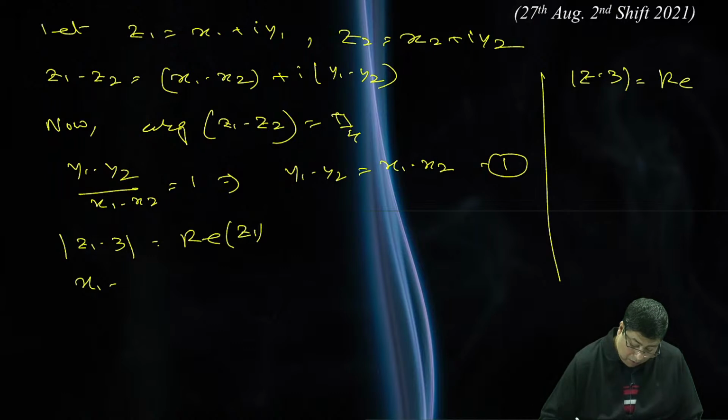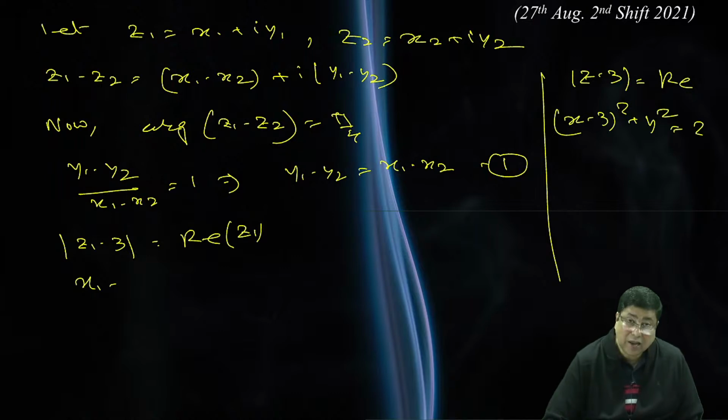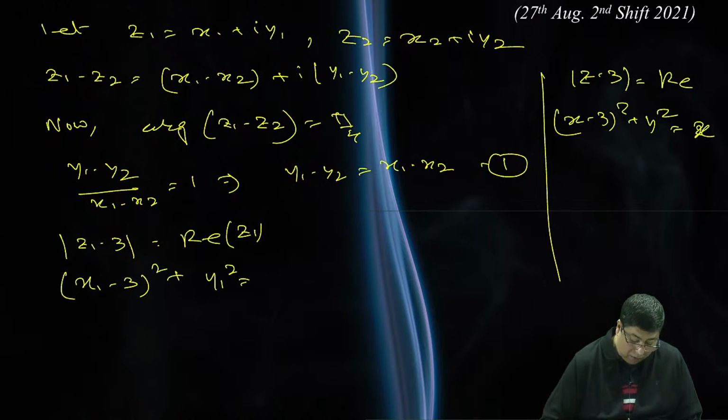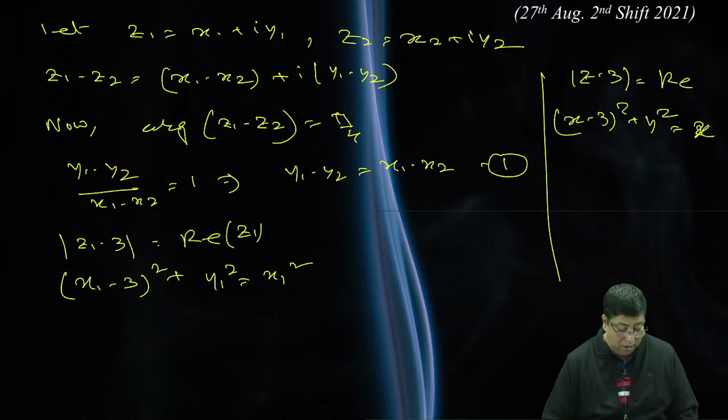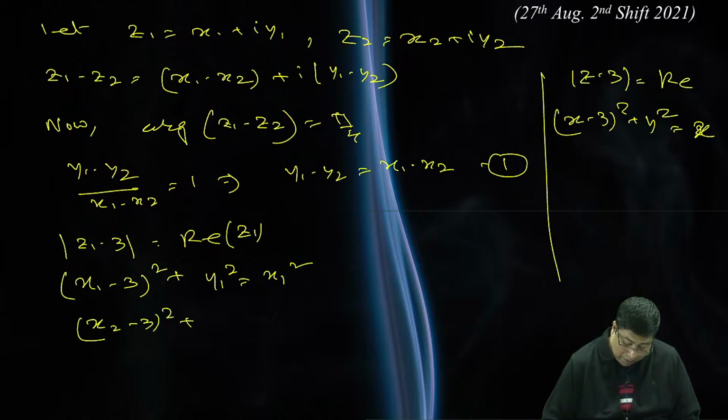It means x minus 3 whole square plus y square equal to x square, real z means x. So we can write this as x1 minus 3 whole square plus y1 square equal to x1 square. I am removing the mod sign, so root over sign. Similarly, mod of z2 minus 3 is coming x2 minus 3 whole square plus y2 square equal to x2 square.